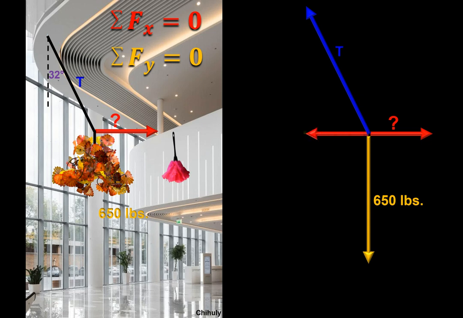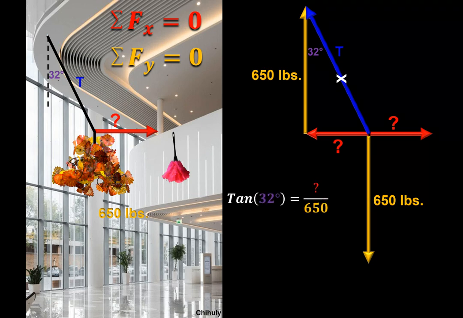So that means your upward force is still going to be 650. We're trying to figure out what force we need to pull it at so we can get it to us and we can safely dust it. For some reason you have amazing eyes and you can eyeball that it's at about an angle of 32.